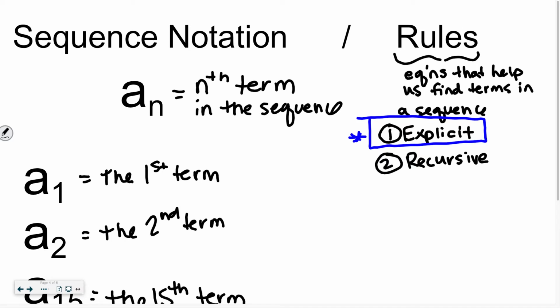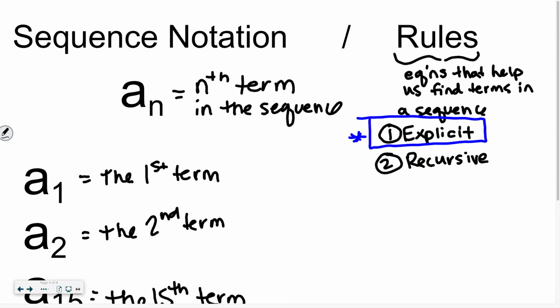Explicit here just means if I asked Mickey, here's a rule for my sequence, find me the 100th term, all Mickey has to do in an explicit rule is plug 100 in. It's just like a regular function, right? So an explicit rule will really look like functions we studied before. You just plug in the n and you get out a value, and that's the term that you want.